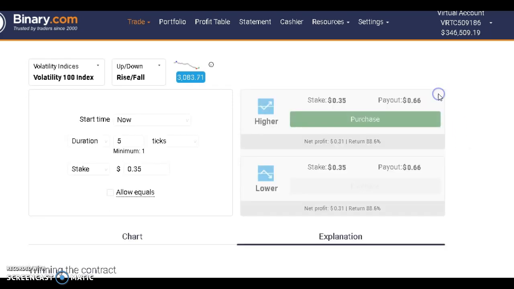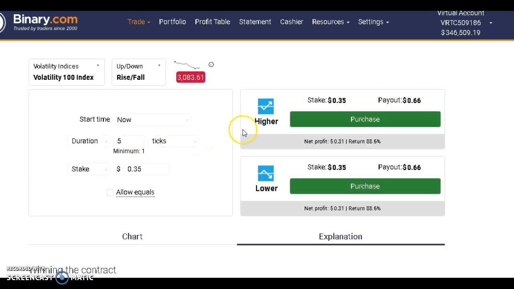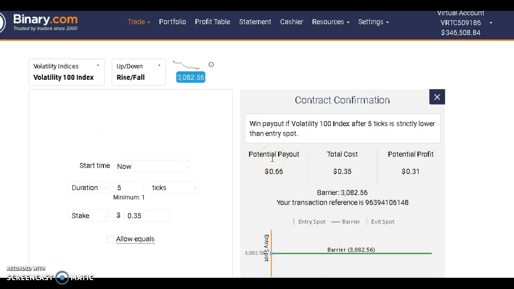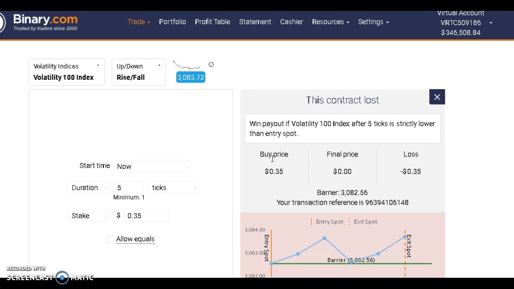When you are trading on binary.com, don't be scared. Just relax yourself, because you surely make a win.